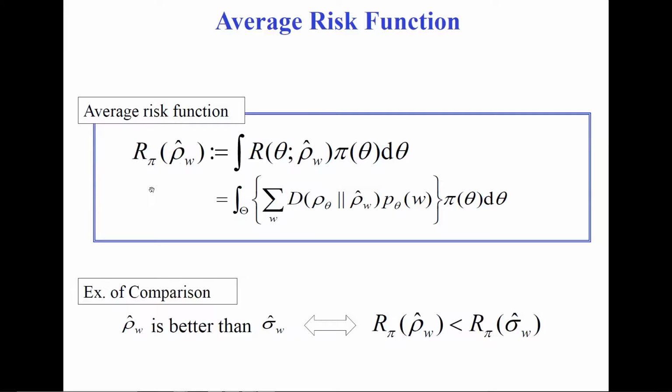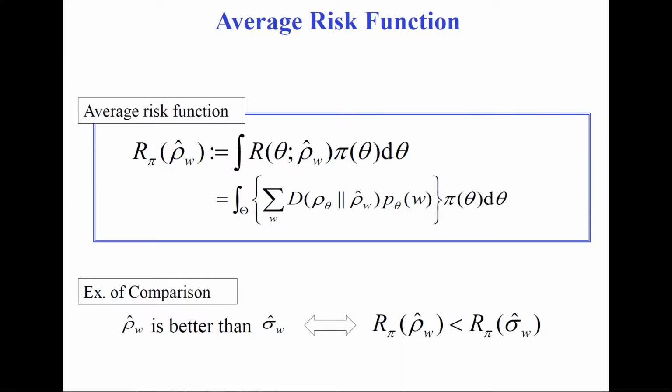The average risk depends only on the density estimate. And this average risk is a scalar, so we can consider the minimization of this average risk.